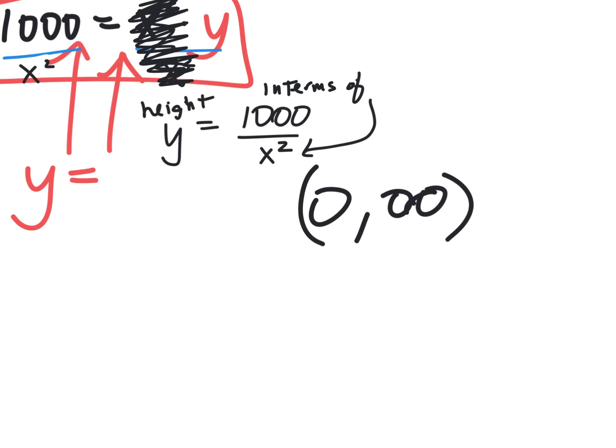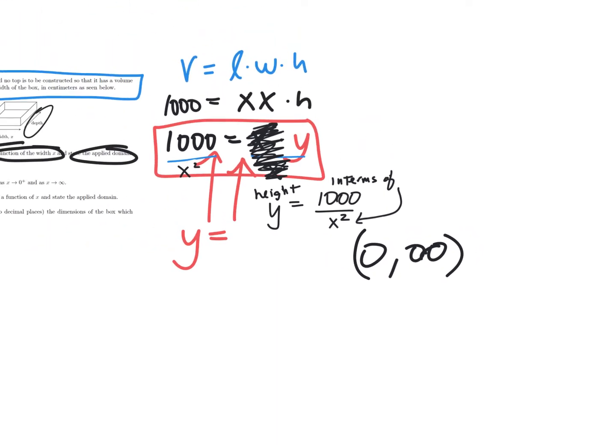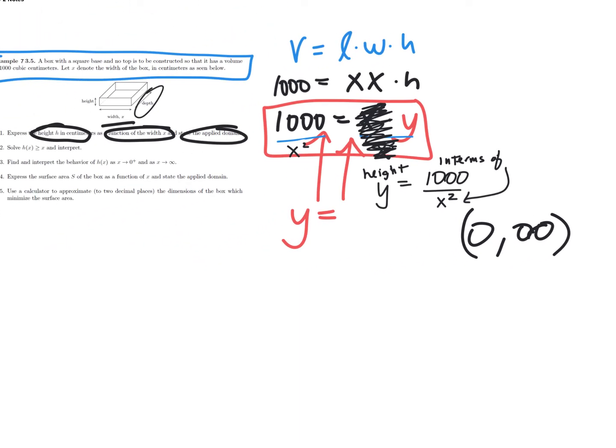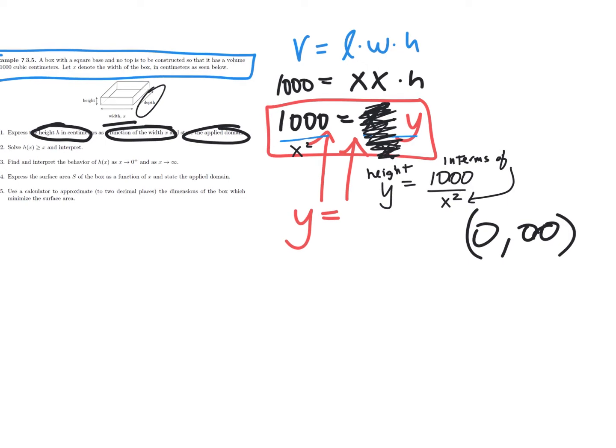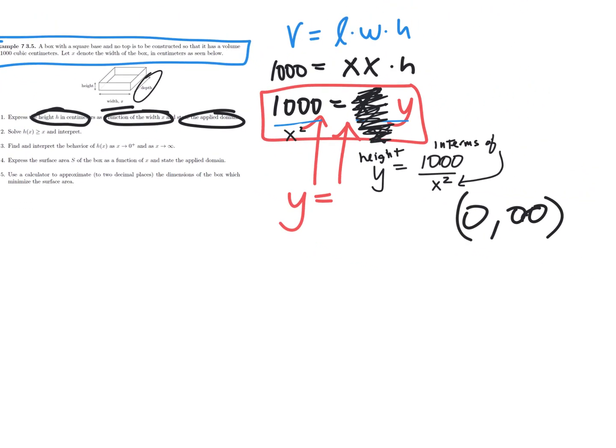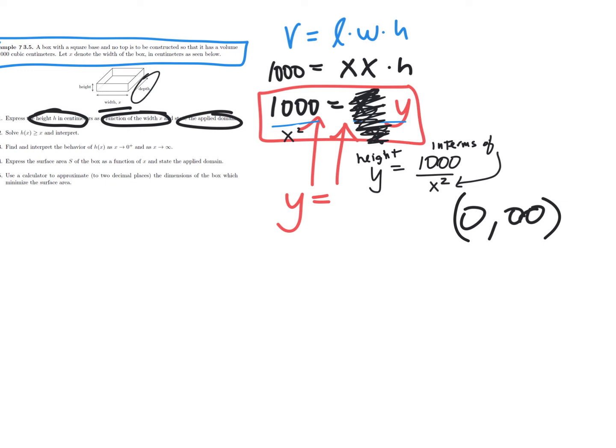And if x is too small, then the volume also wouldn't be 1,000? All right, so let's go on in the problem a little bit, and maybe it'll become more clear what that domain should be. It's more than just that, but that's a good starter domain.